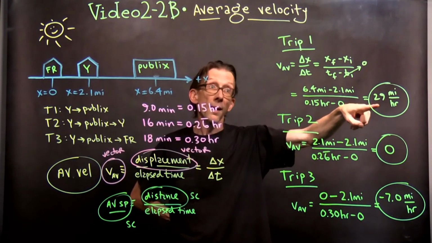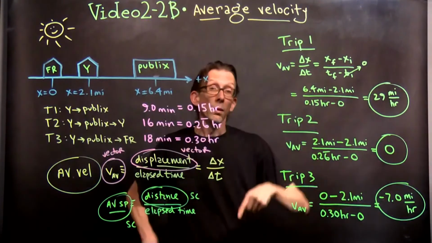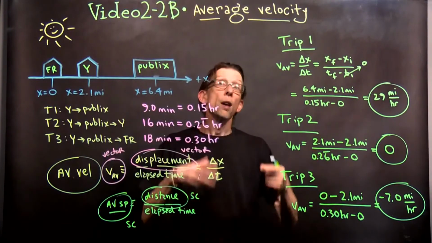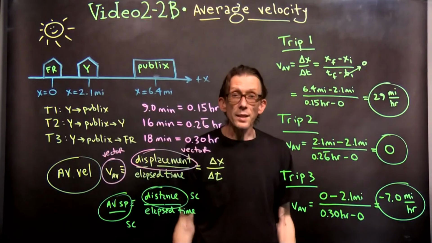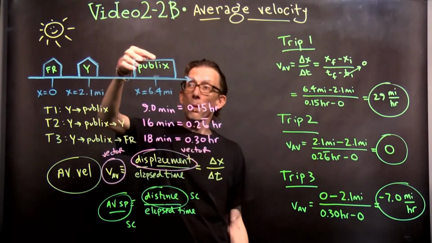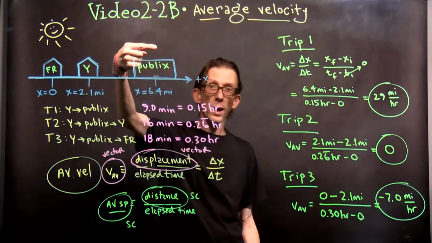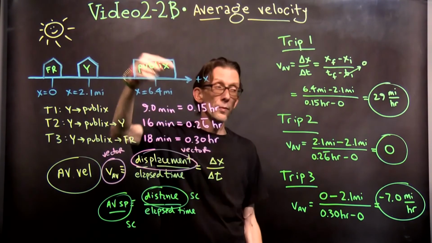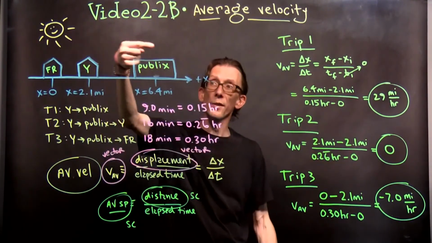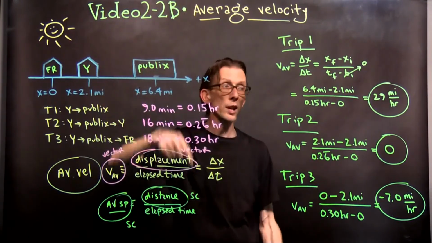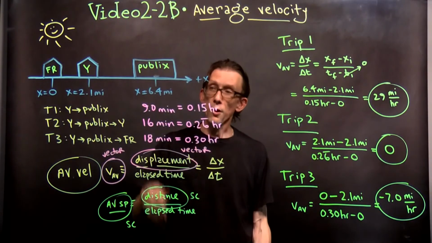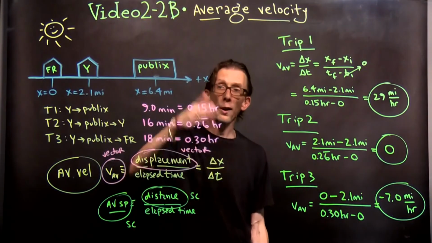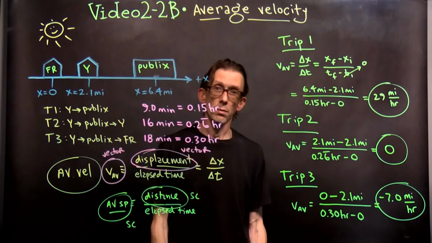You ended up at a higher value than where you started. Put in terms of velocity, it is this. When you go from your house to Publix, you're going in the positive direction. This 29 miles per hour is in the positive direction. You're moving in the positive direction, therefore it's positive. Your final position is at a higher value of x than your initial position.